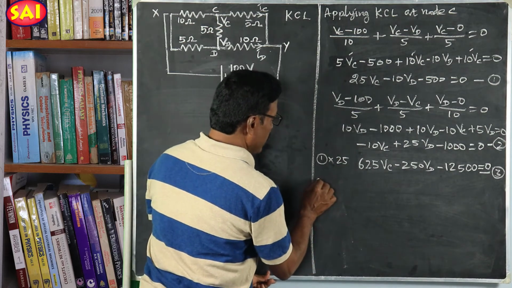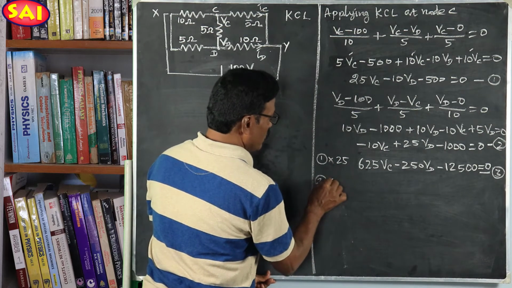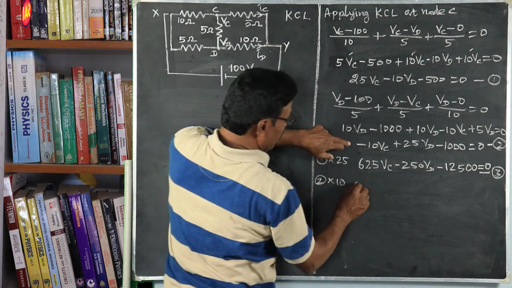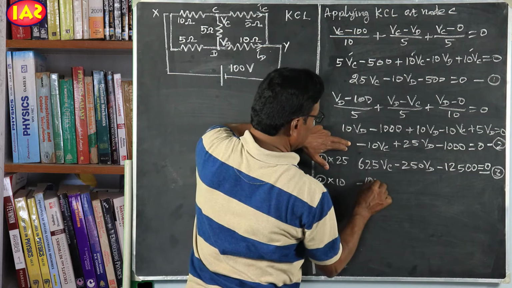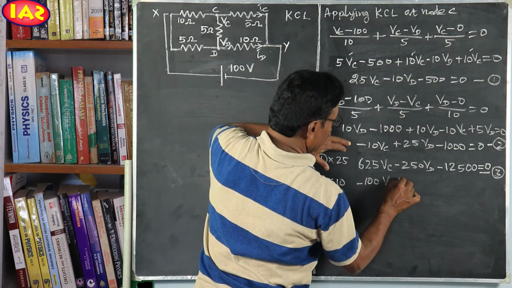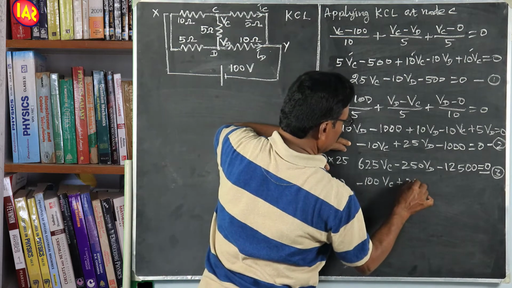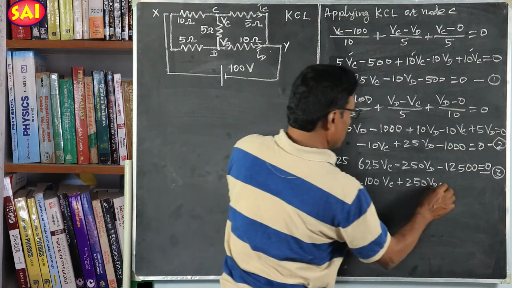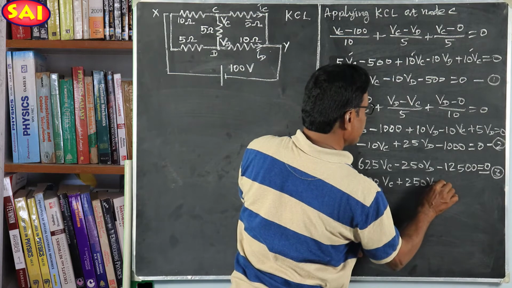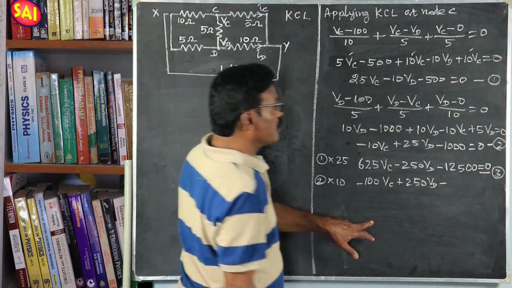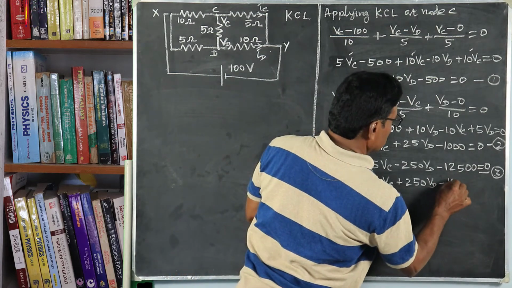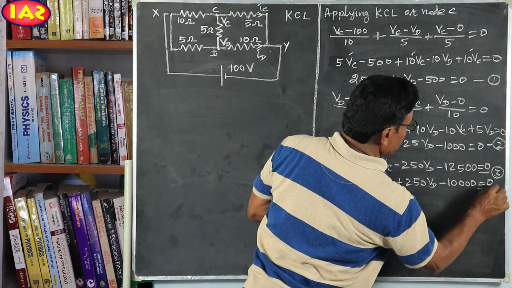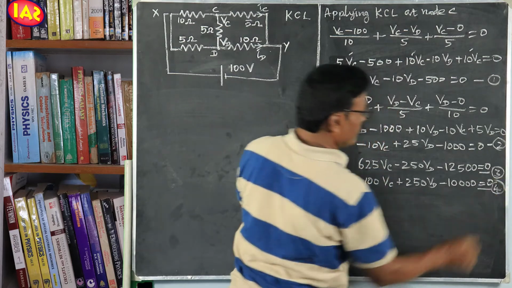Now, multiply equation 2 by 10. Then equation 2 is here. 10 means minus 100 VC plus 250 VD minus 10,000 equal to 0. Let it be equation 4.